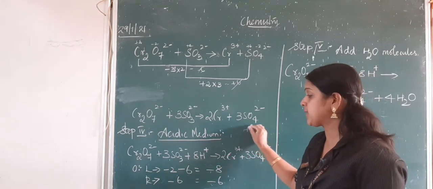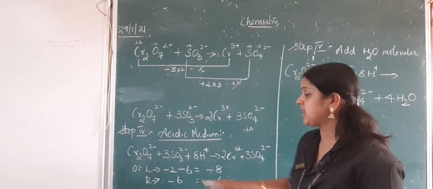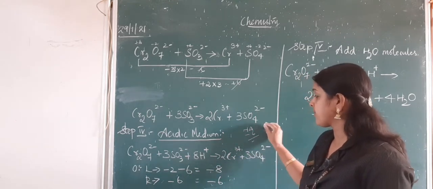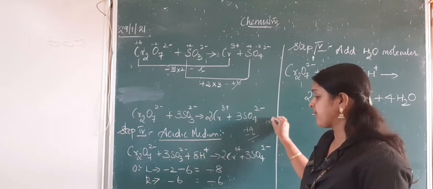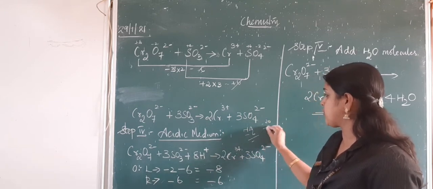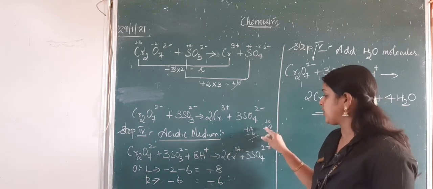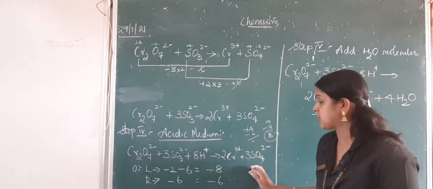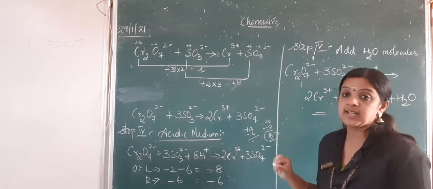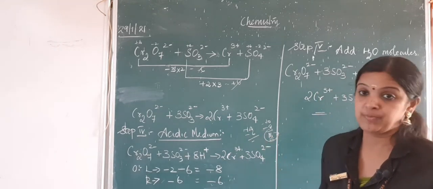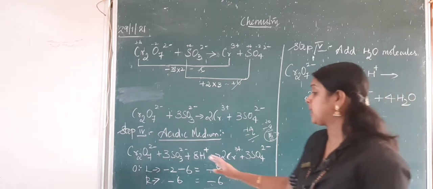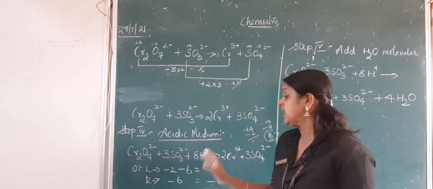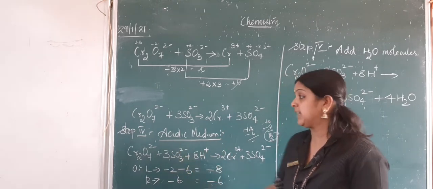So you have -14 again, and here 3 into 2 -6, which is becoming -20, and here it is again 4 into 2 -8. So the charge difference between LHS and RHS is 16, which is nothing but 8 H plus. That is, 8 H plus will be added on the left hand side. Whenever it is an acidic medium, H plus should be added on the left hand side.